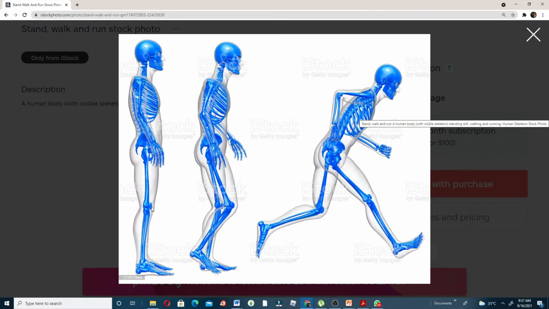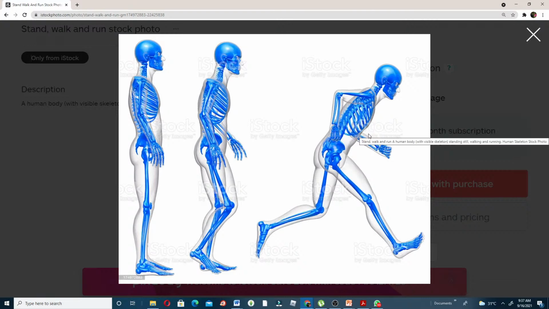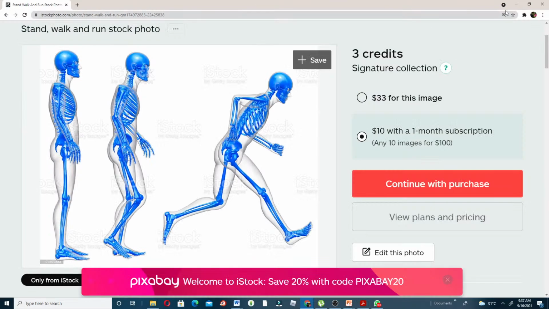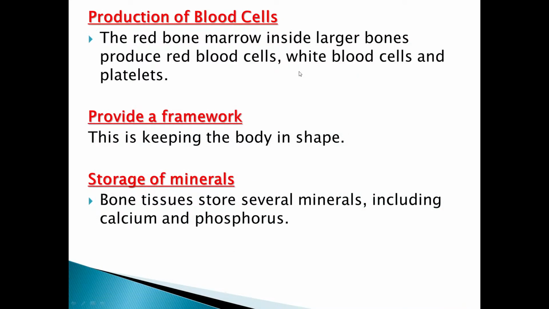In this one, the skeletal system is upright because the entire body is upright. Now the human body is slanting forward, hence the skeletal system going forward. Now in this third one, the human body is in motion, in locomotion, moving. And as you can see, the skeletal system is forming that shape. So irrespective of the shape that your body is currently in, the human skeletal system provides that shape or framework. So let's move on to our next function.